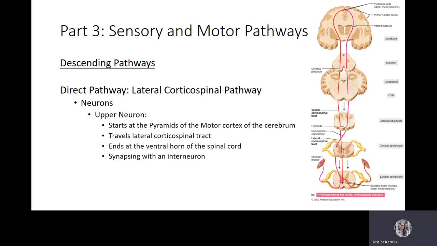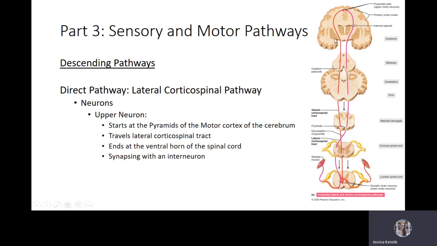Again, this pathway is going to be divided into an upper neuron and a lower neuron. And so let's talk about the upper neuron. The upper neuron is going to start at the pyramids that are located in the primary motor cortex of the cerebrum.